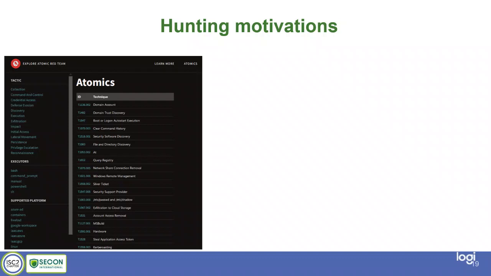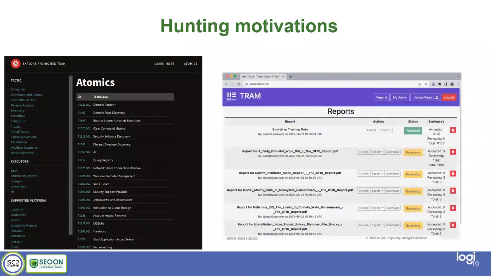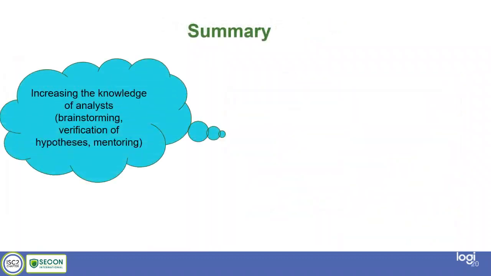We can use, for example, Atomic Red Team. We can use Threat Report ATT&CK Mapper, which is an open source platform for automating the mapping of cyber threat intelligence reports to MITRE ATT&CK, and many use cases you can find on GitHub.